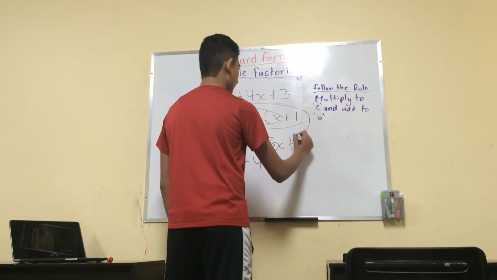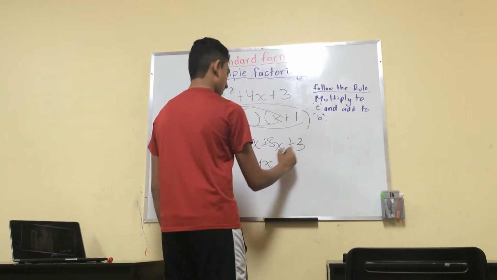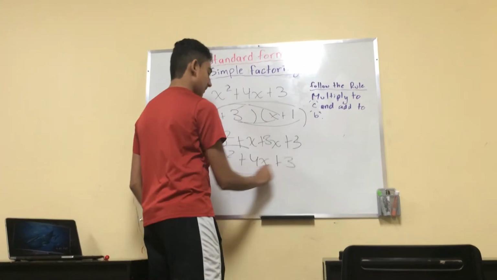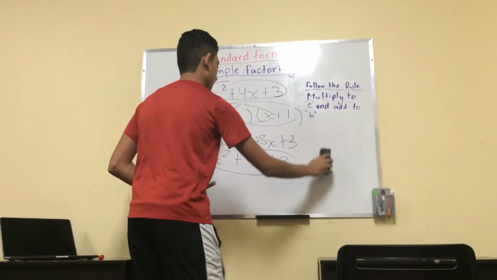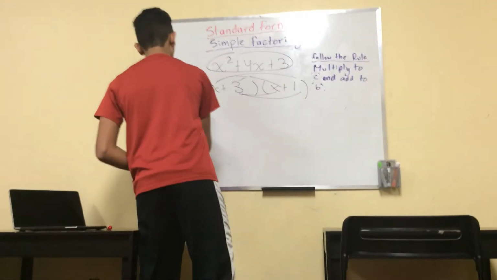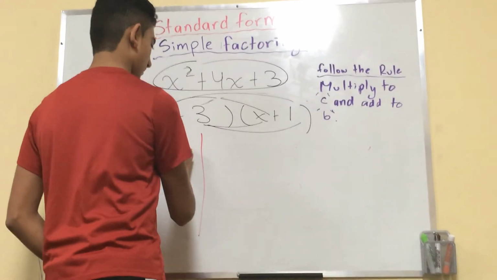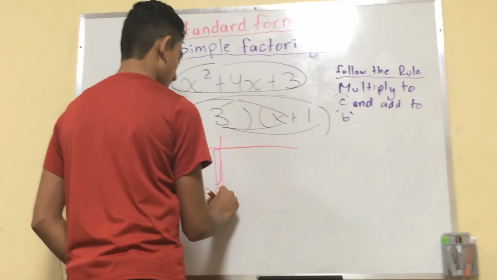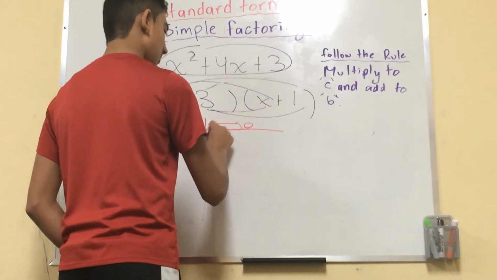So again, x squared plus x plus 3x is 4x, plus 3. As you can see, it gave you the exact same answer as up here. Let's try this using algebra tiles. You have x plus 3 and x plus 1.